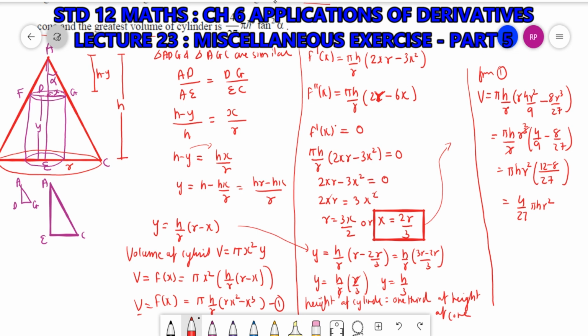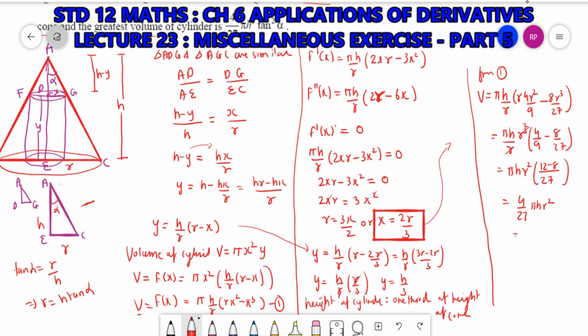Now we will have to prove it is 4 by 27 pi h cube tan square alpha. So now see, if I take this triangle AEC, this is R, this is H, and this is alpha. So what will be tan alpha? That will be equal to R by H. That implies R is equal to H tan alpha.